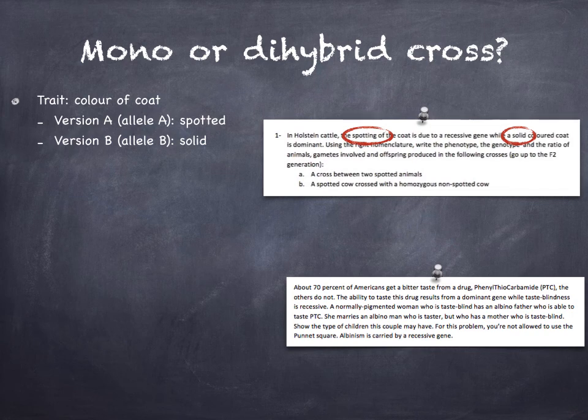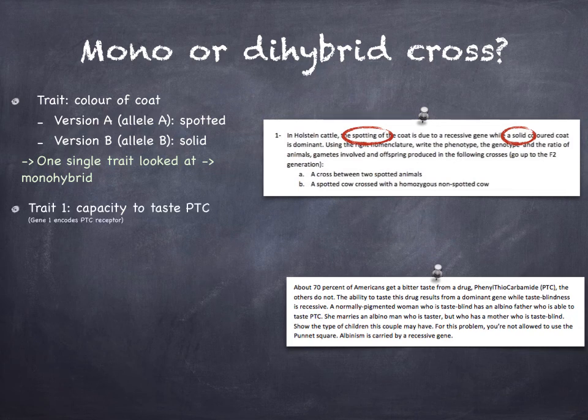So this is one allele that encodes for the spotting of the coat, and one different allele of the same gene encodes for a solid color pattern. So again, it is one single trait with two versions, and it is therefore a monohybrid cross.